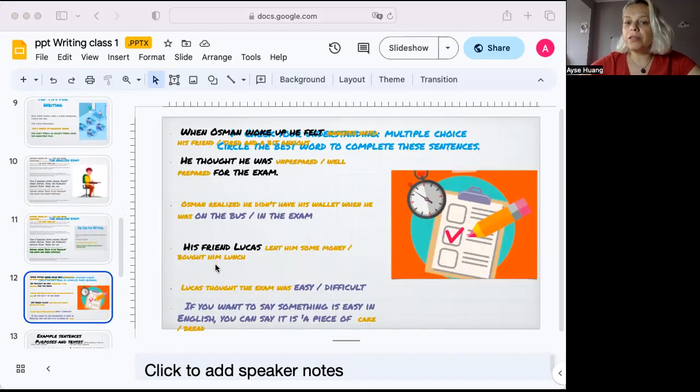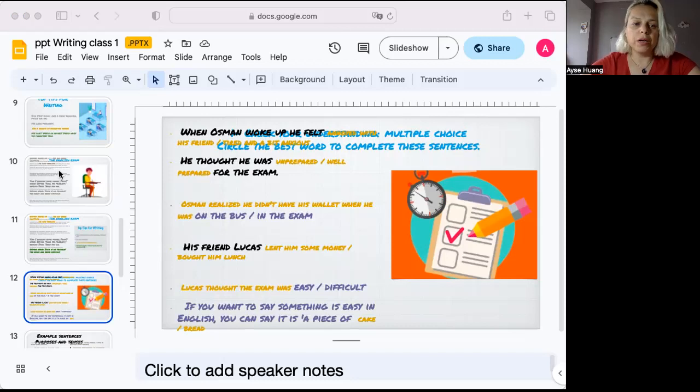Check your understanding, multiple choice. Circle the best word to complete the sentences. When Osman woke up, he felt annoyed with his friend, tired and a bit anxious.